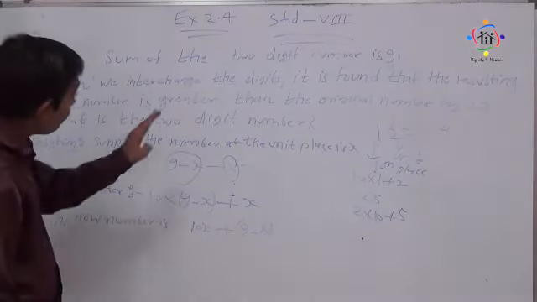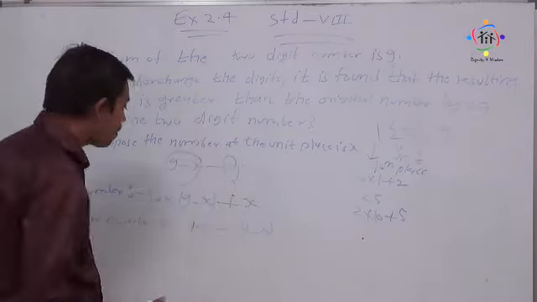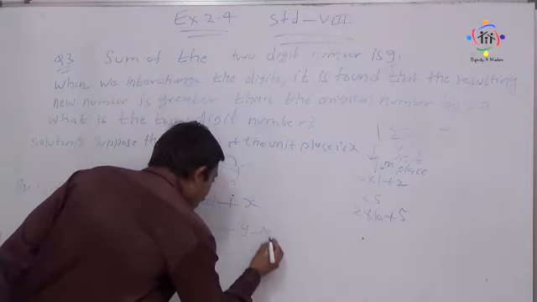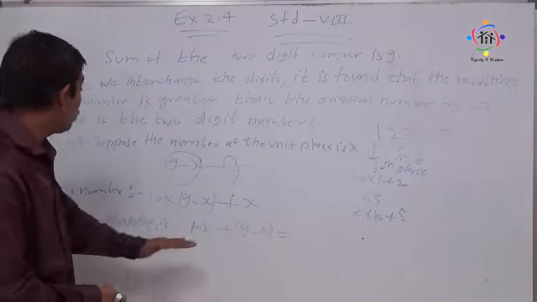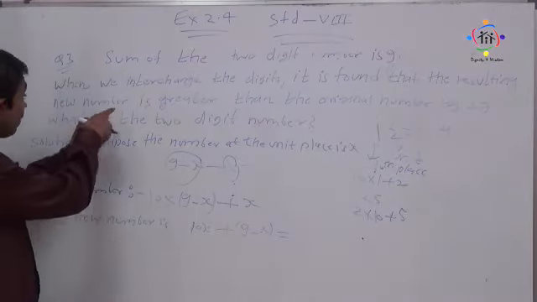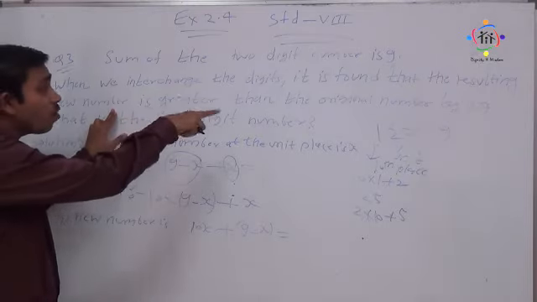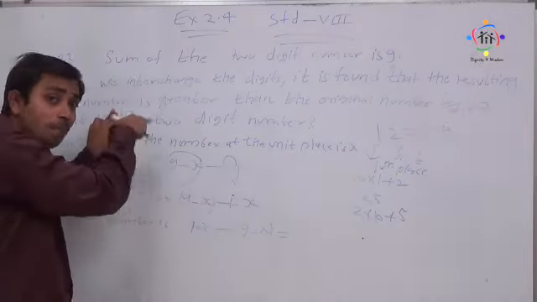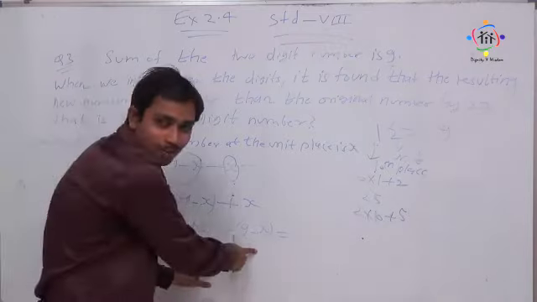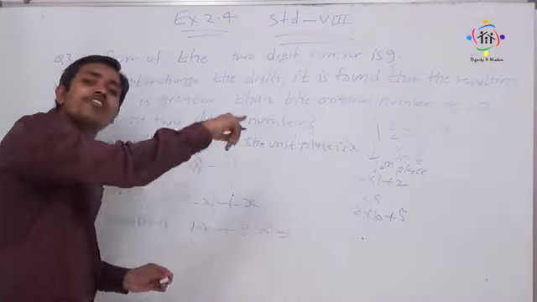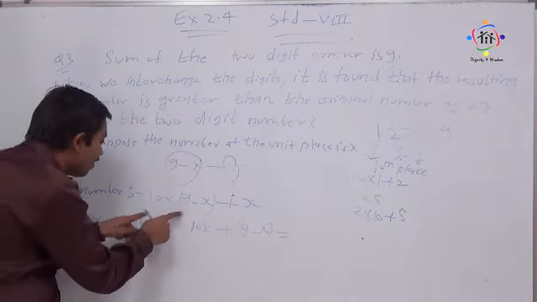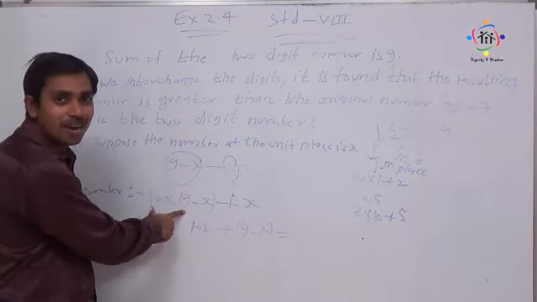According to the hypothesis, I have to write 10 times the bracket 9 minus x is equal to the new number. The new number is greater than the original number by 27. Where is the old number? This is the old number. Is it clear, my dear students?